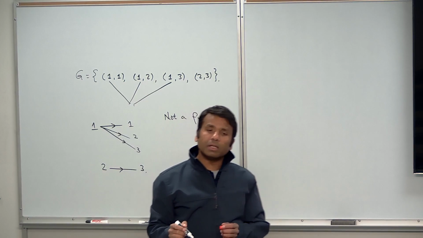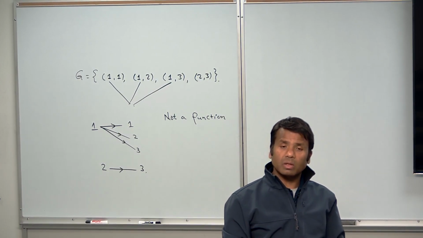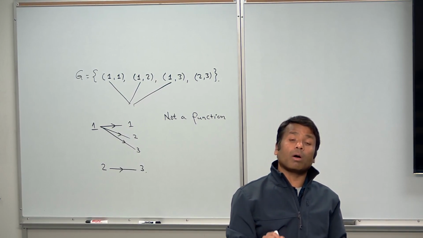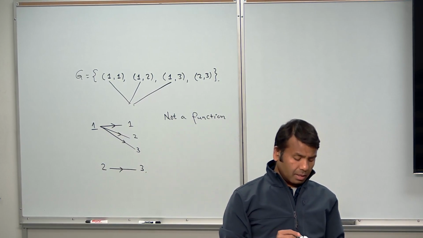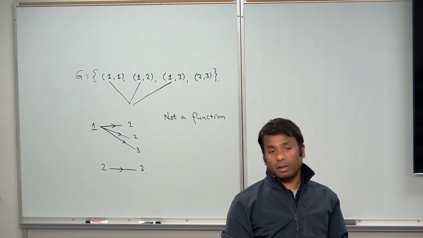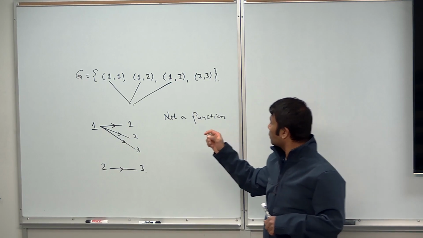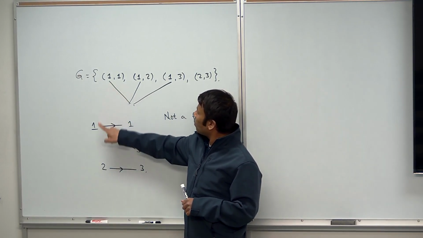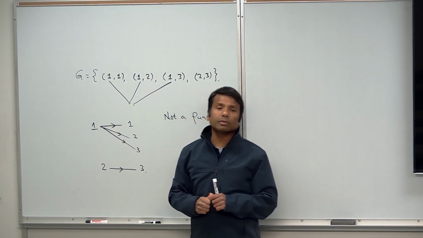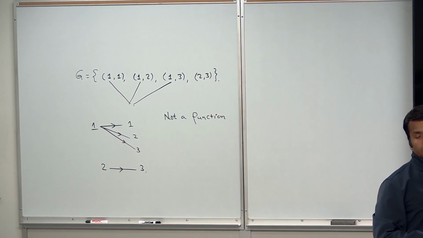A function is a relation in which for each distinct x value of the ordered pair, there is exactly one y value. Right? But in this relation, for x value 1, you have 3 y values. So that's why this is not a function.